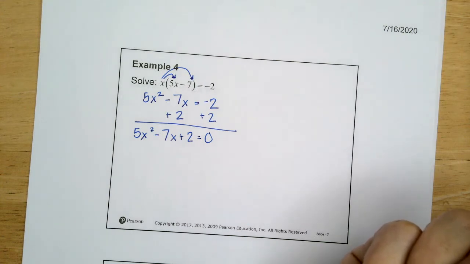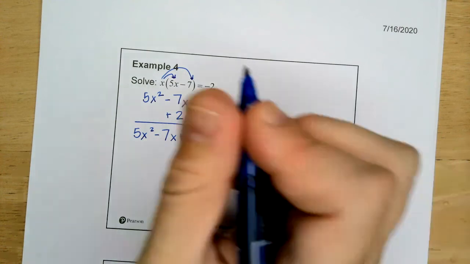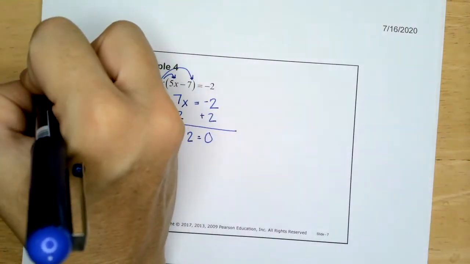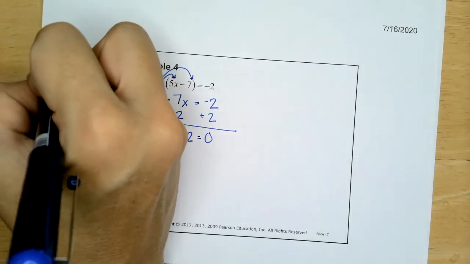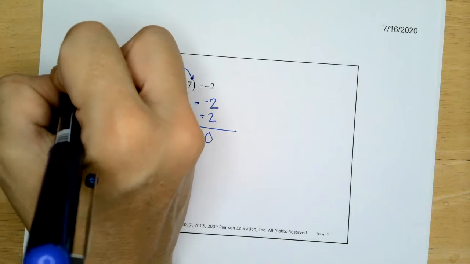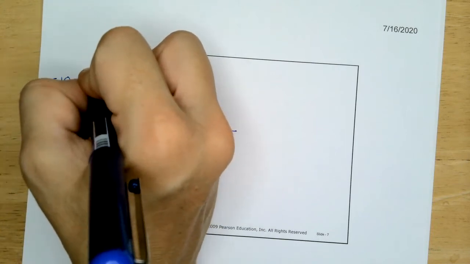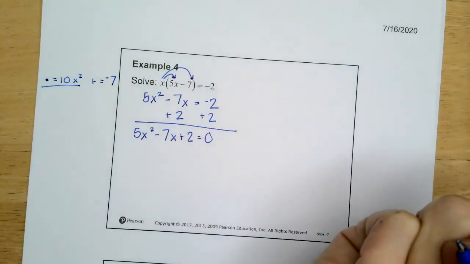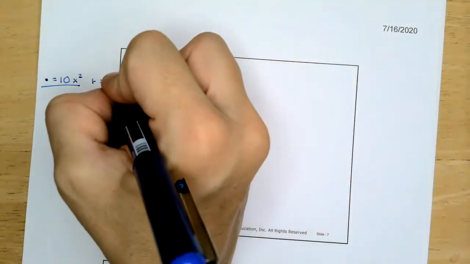So what are my factors? I have a times c, 5 times 2, so 5 times 2 is 10. So it needs to multiply to equal 10x squared, and it needs to add to equal -7x.